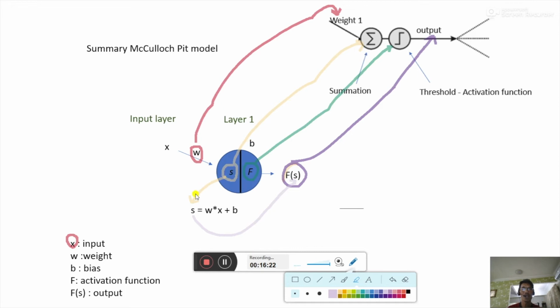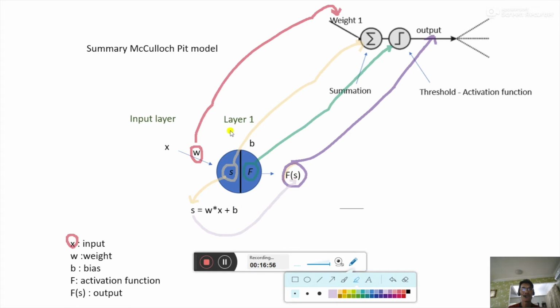The summation S is equal to W multiplied by X plus B. W is placed next to the input coming from the axon and dendrite. Then S is put into the function F, and the result is the output.